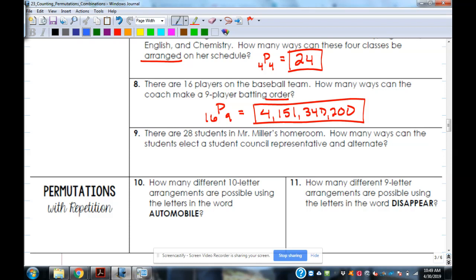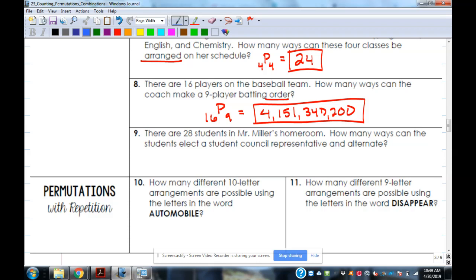All right, 28 students in Mr. Miller's homeroom. How many ways can the students elect a student council representative and an alternate? Okay, so that one's really disguised well as a permutation.